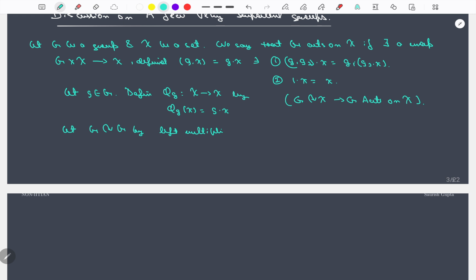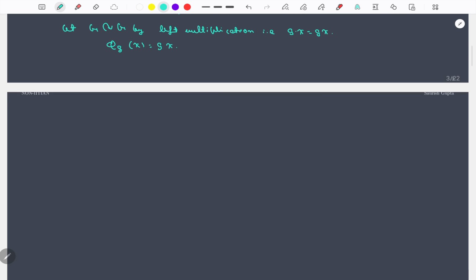Okay, so I wrote it horribly wrong. Multiplication. That is G of X is nothing but Gx. That's it. Okay. So this corresponds to phi of G acting on X as Gx.